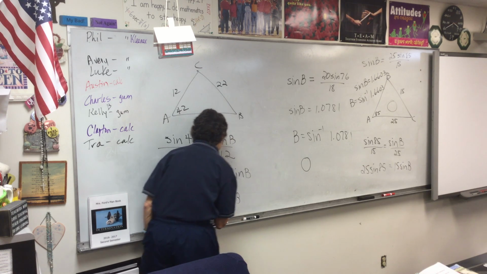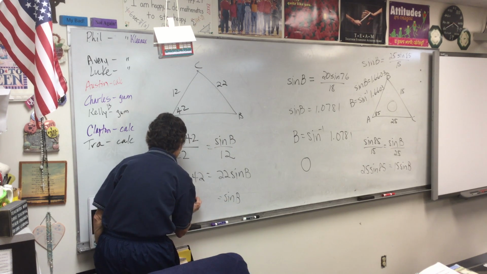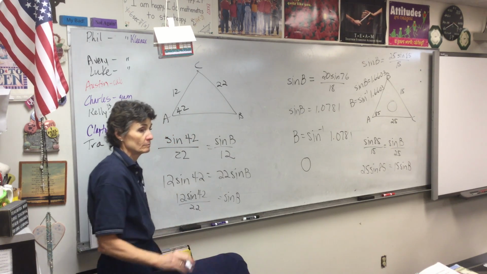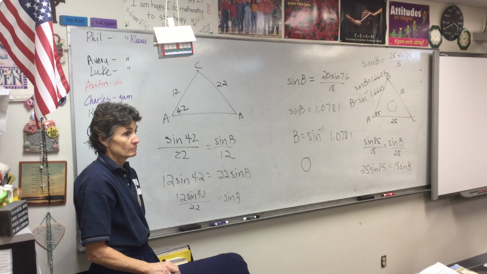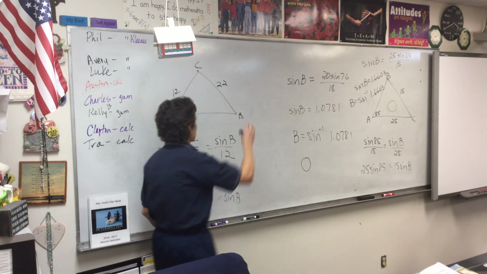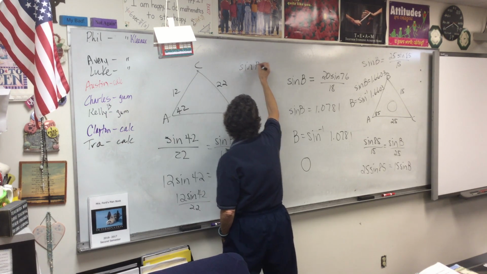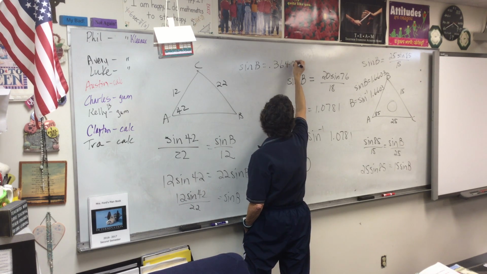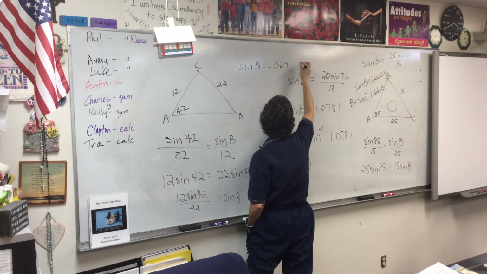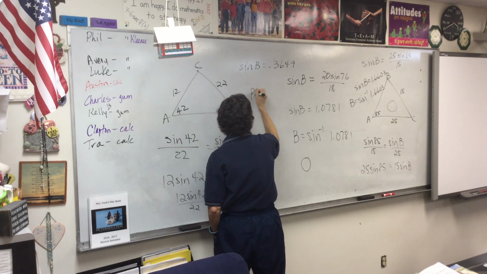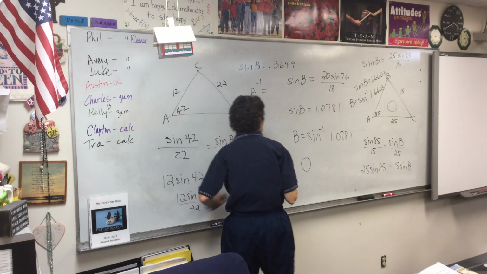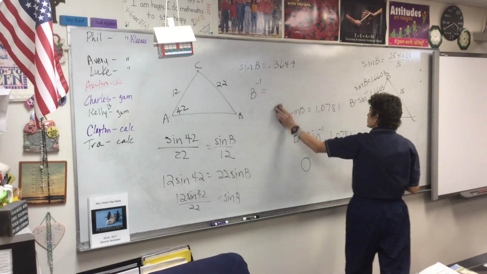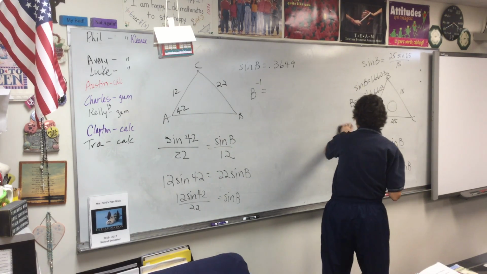I'm going to divide by 22. So 12 sine 42 over 22. So sine B equals 0.3642. Now we do second sign, inverse sign.